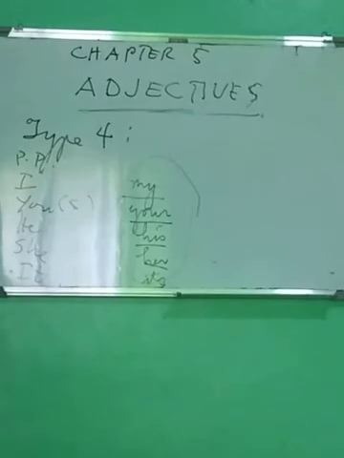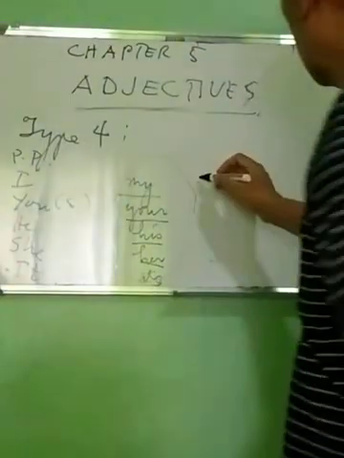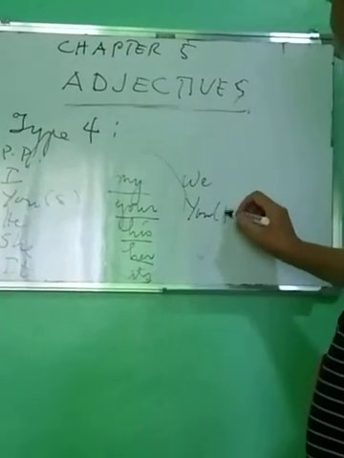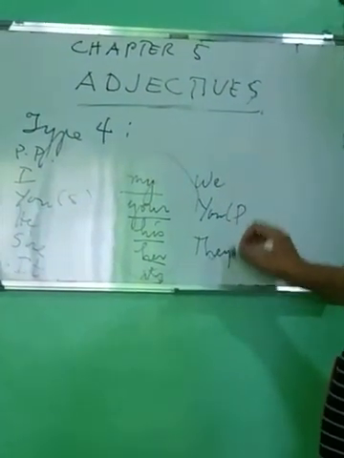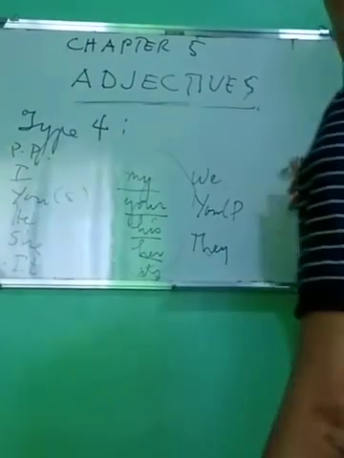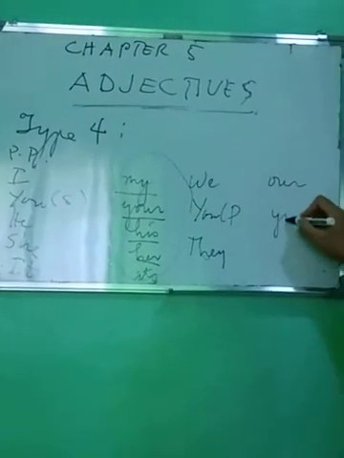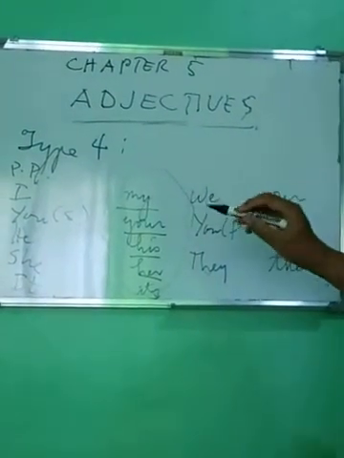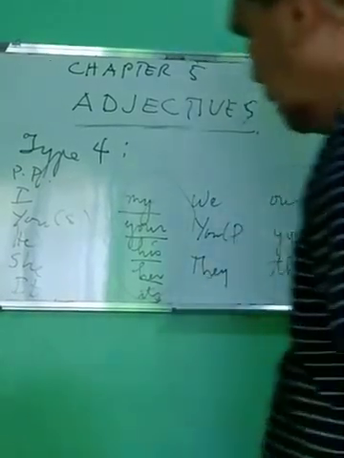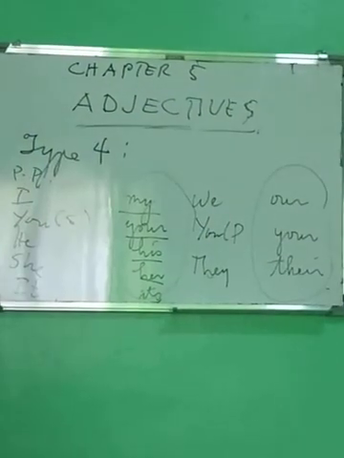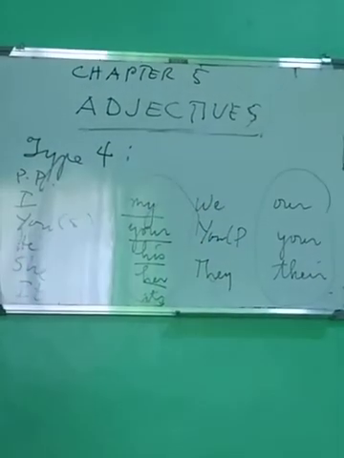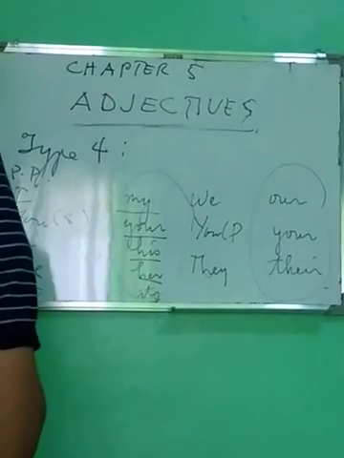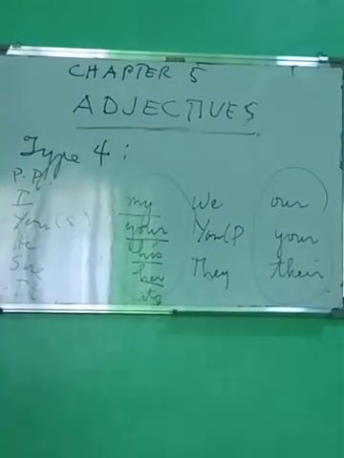Let us continue this. Now, in plural form, we have we, you plural, and then they. So the possessive forms would be our, your, and then their. So these ones also in plural form can also be considered as adjectives. What kind of adjectives? Adjectives of possession or ownership. Okay, clear?